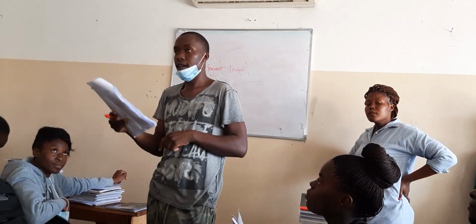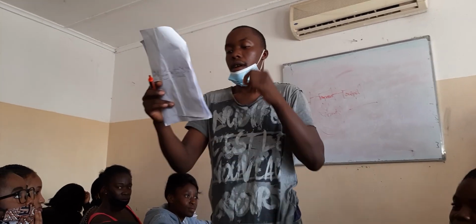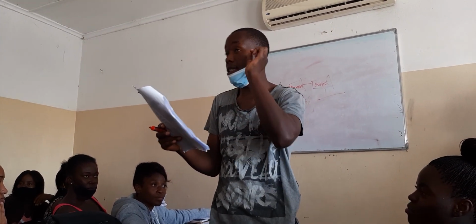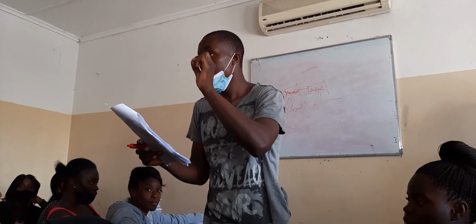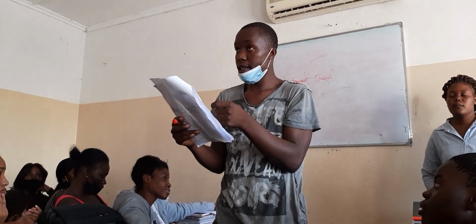Parts of the processor. Control unit, also known as what? CU. Then there is the arithmetic and logic unit.